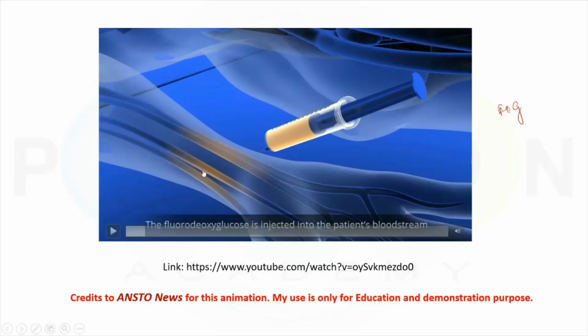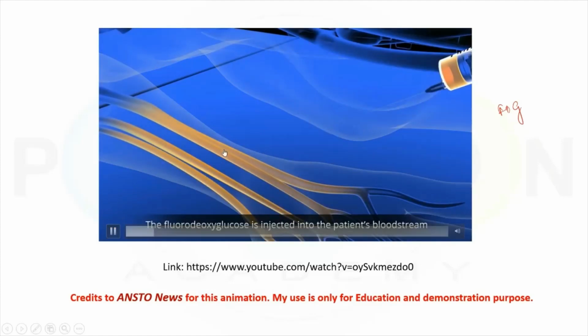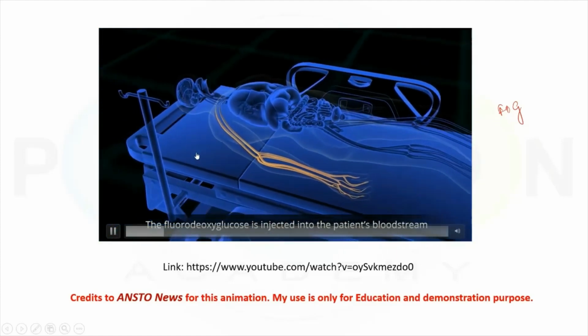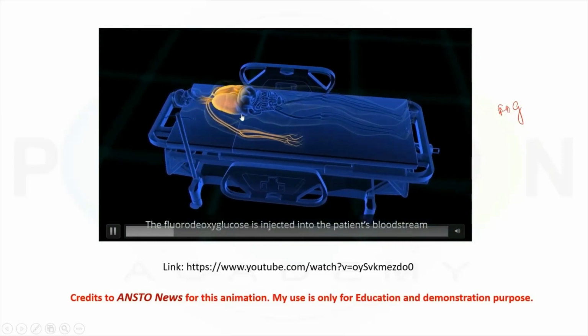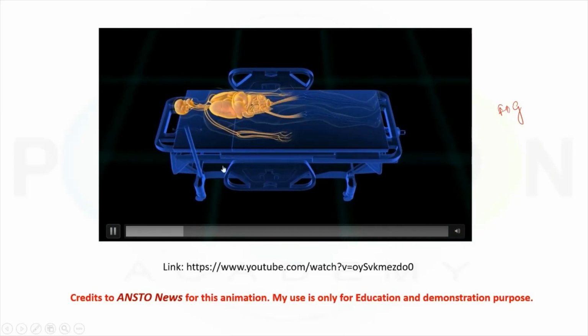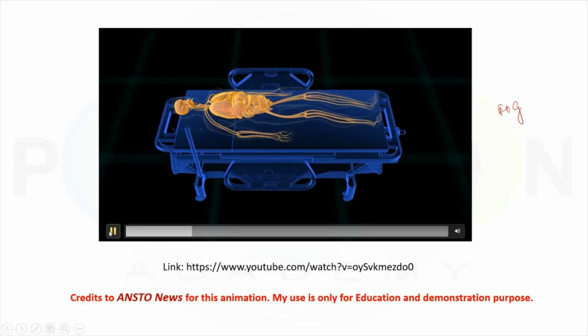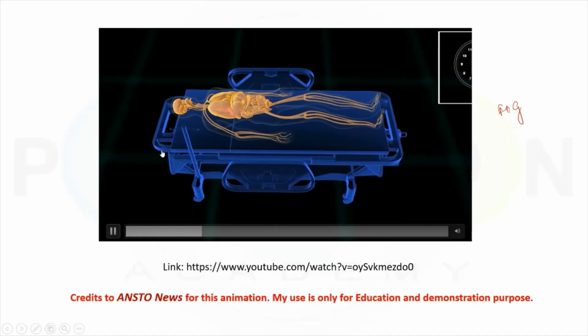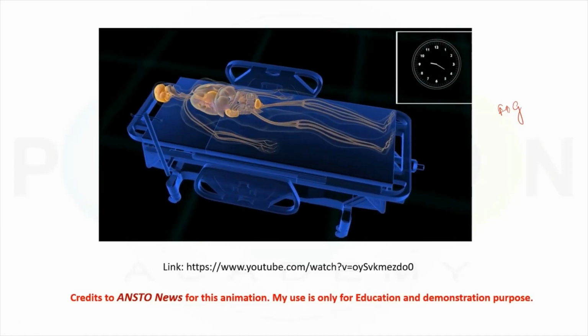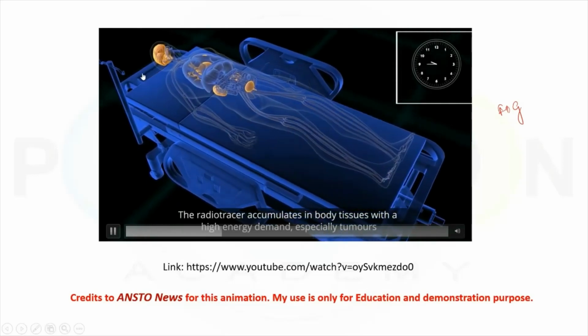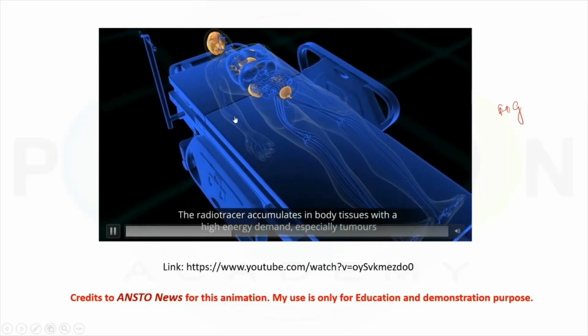So once this glucose is injected in the patient's bloodstream, it goes and biodistributes in the patient's body. And as we know, that's a glucose, and our cells are quite dependent on glucose for deriving energy through glycolysis and multiple other metabolic pathways. So we can see that glucose is taken up by our normal organs, like the brain, which has taken glucose at higher concentration, and the kidneys and bladder have taken glucose.